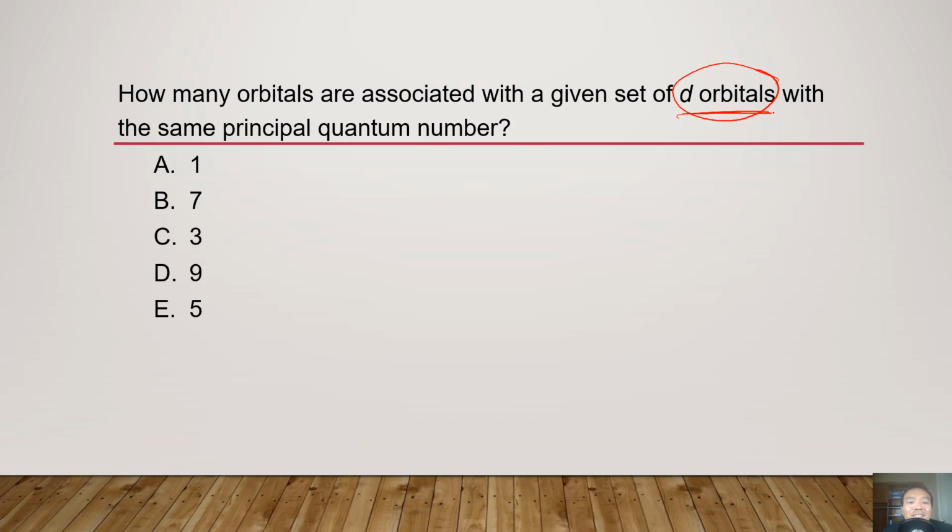So it's asking you in the d subshell, how many orbitals can you have? A set of d orbitals is the same as the d subshell. So d has how many? Remember, s has 1 orbital, p has 3, d has 5. F would give you 7.